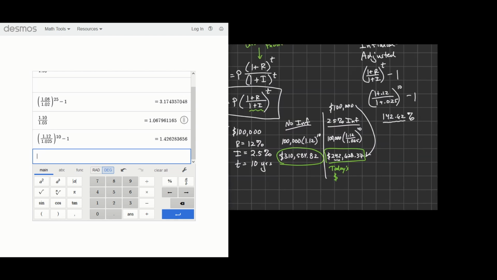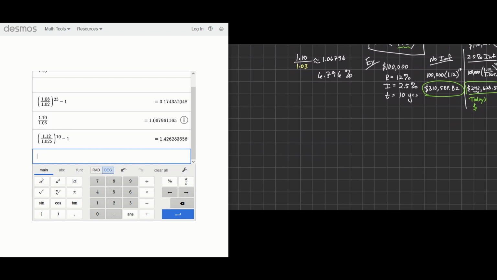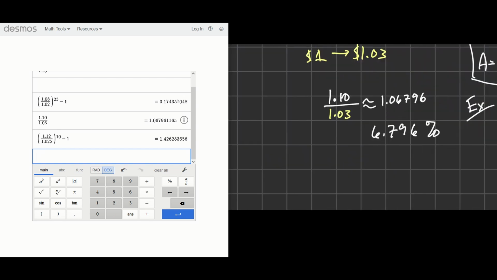Now, if you're curious why I have to subtract 1, it's because if you went back to this calculation here, we had the 10% growth rate and we had the 3% inflation, and that gave us 1.06796. That's because this is what's called the growth factor in mathematics. Growth factor is the thing that you multiply your numbers by to get to the next value, to get to your future value.